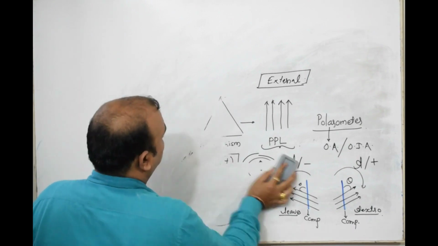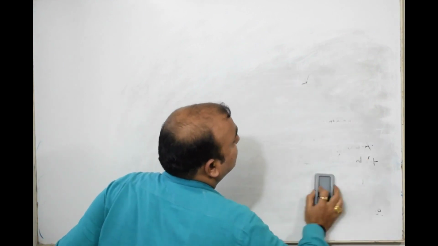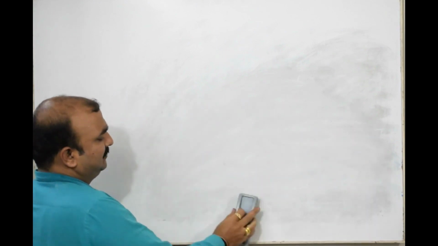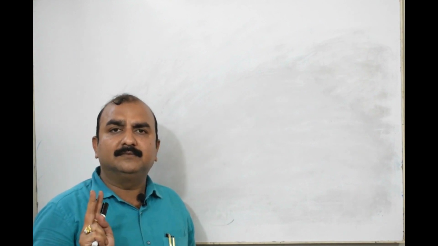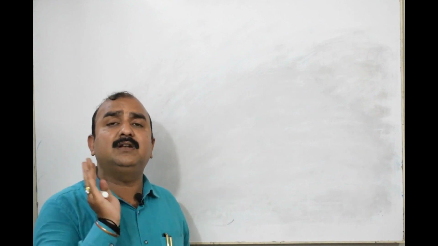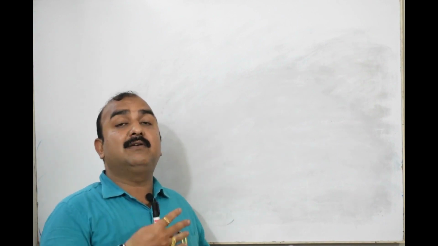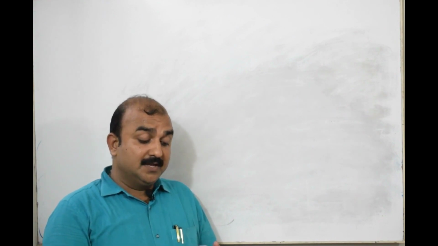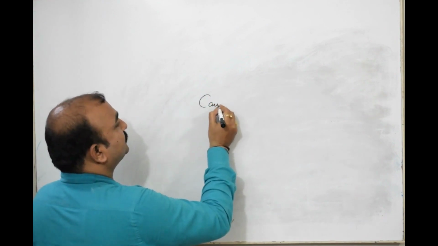But the most important question is, what is the cause of optical activity? See, we started with optical isomerism, and before that we did optical activity, and in optical activity we did the concept of dextro and levo rotation. The thing is, what is the cause?